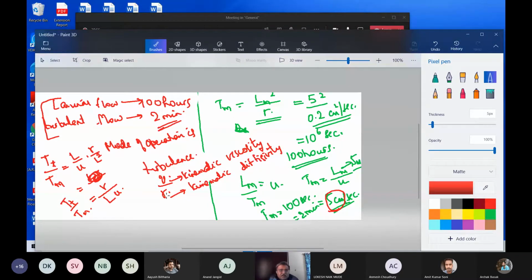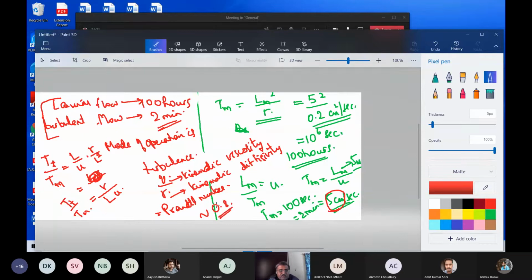Now this nu by gamma is a number known as the Prandtl number, where nu is the kinematic viscosity and gamma is the kinematic diffusivity. The ratio of these two is the Prandtl number, and the ratio is very close to 1. It is about 0.7 or 0.8 or so in most of the cases.